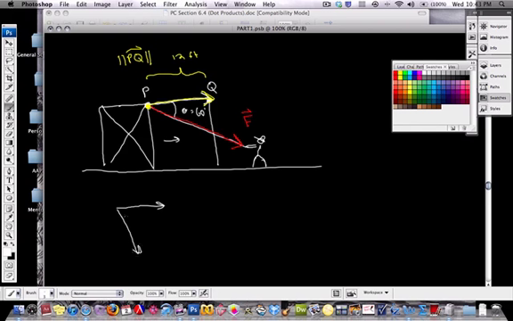If he's pulling like that, not much work is going to get done on the door. It's very hard to pull like that. If this is the displacement vector and he's pulling with the force vector like that with a very small angle here, now his force is going to accomplish a lot of work. It would be easier to move the door.